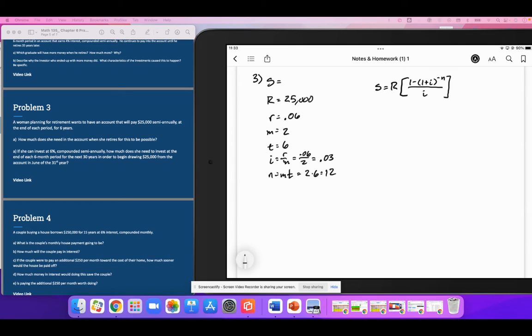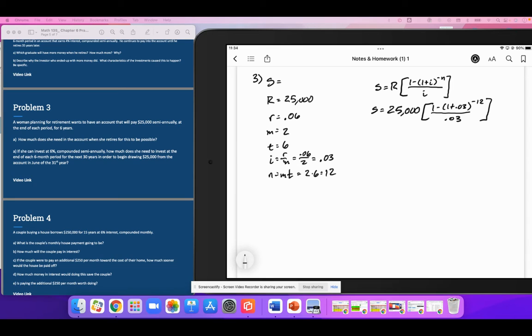It would be crazy to try and memorize these darn things. So what we've got is S equals 25,000 times 1 minus 1 plus 0.03 to the power of negative 12 over 0.03.